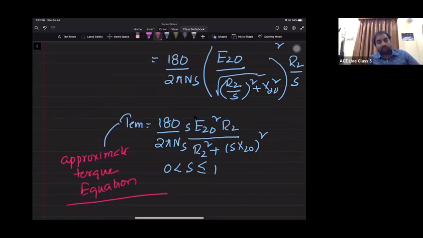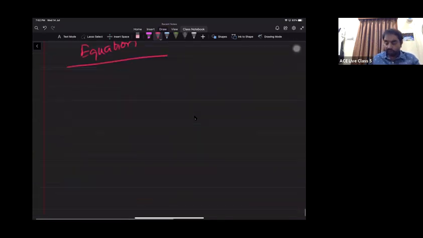See, tomorrow, if anyone wants to ask any question on this approximate steady state analysis for calculating the rotor input, for calculating the rotor losses, for calculating the rotor output, for calculating the torque, what is required for us? R2 is required, X2 naught is required, and the slip at which you need to calculate is required.